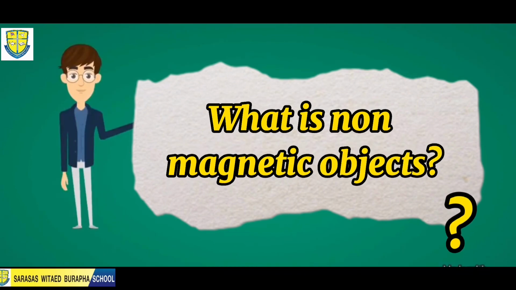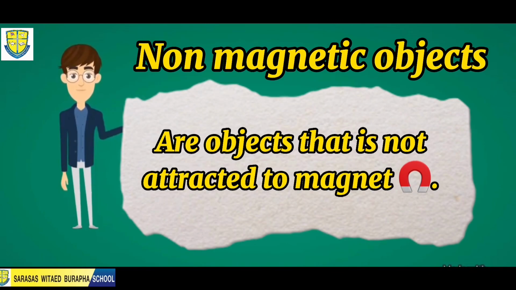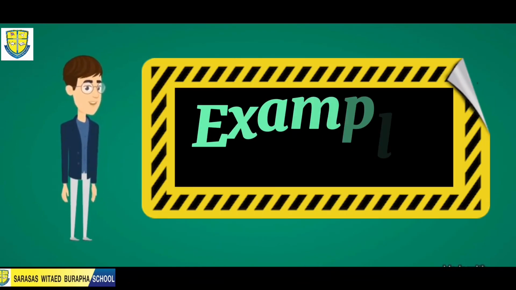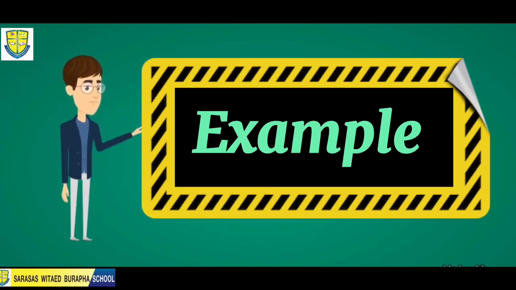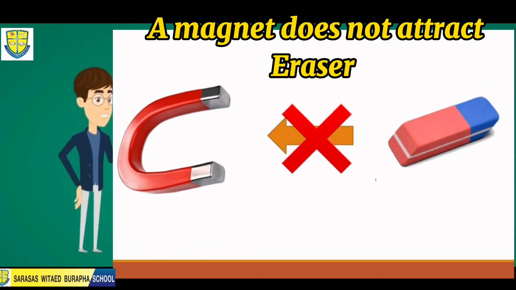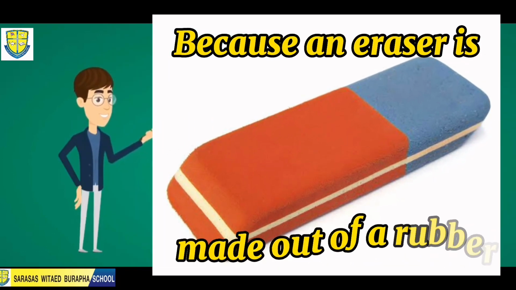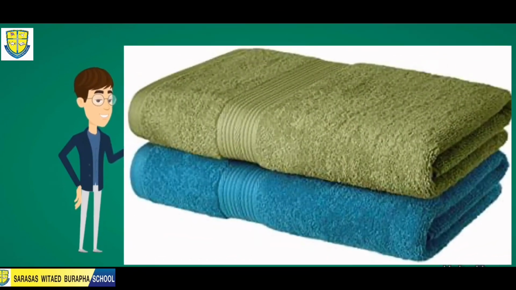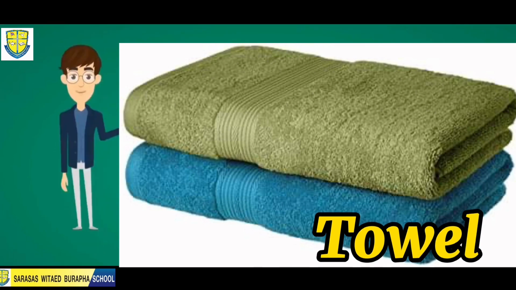Now, let's define what is non-magnetic objects. Non-magnetic objects are objects that is not attracted to magnet. For example, an eraser. A magnet does not attract eraser because an eraser is made out of a rubber. Next example is towel.